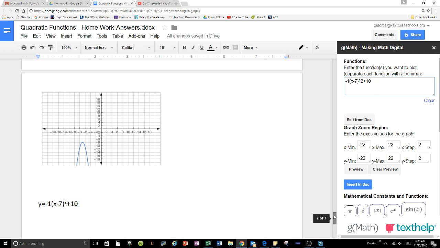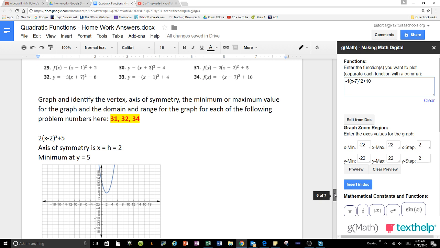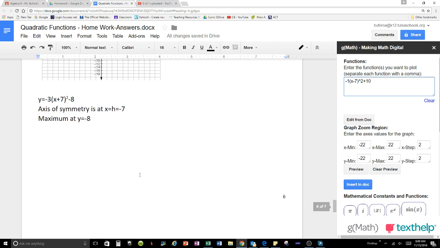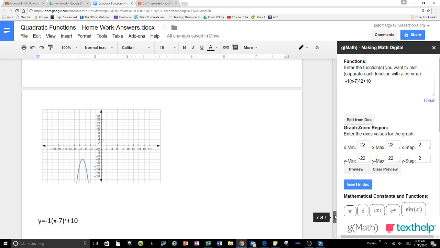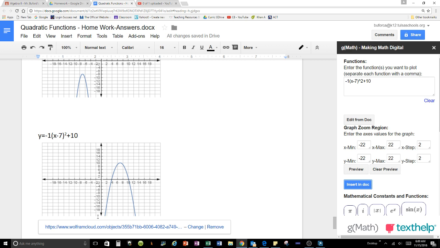Let's just go over and make sure that's right. Yes. Put our cursor under here, hit the insert dock, and that's exactly what our chart looks like.